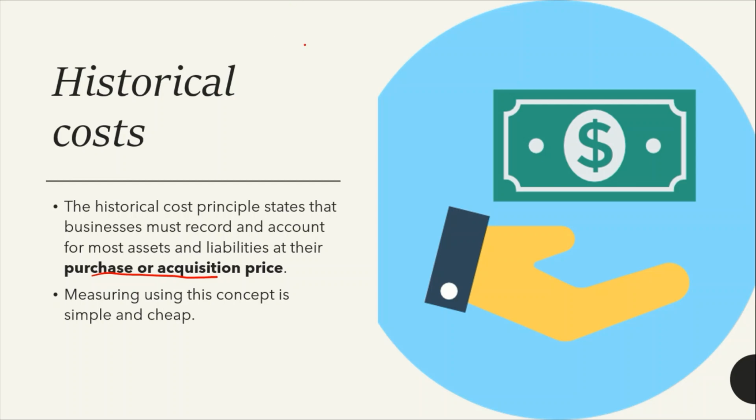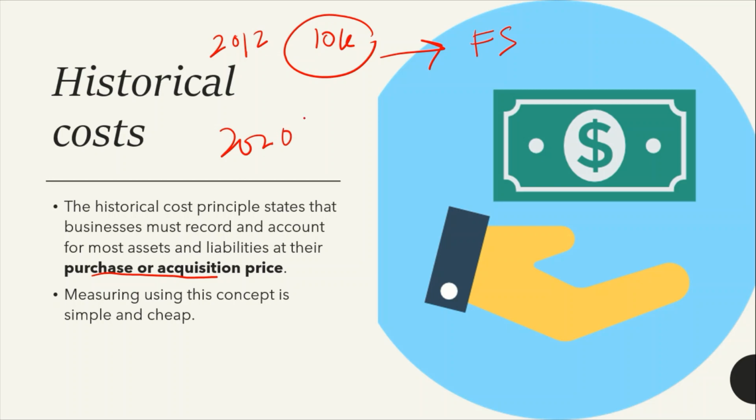Meaning, if you bought a car with a 10K cost, you record this 10K in the financial statement, even though after you buy it in 2012, even in 2020, it is still 10K. That is what is meant by historical cost, recorded at the purchase price or acquisition price.